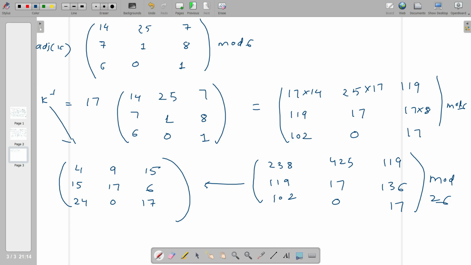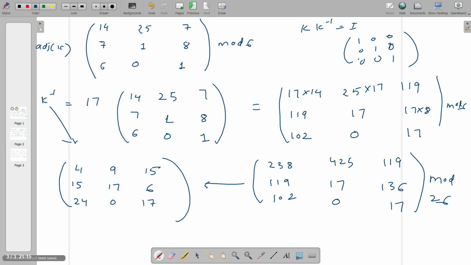If you want to verify this K inverse, you can verify it. K into K inverse should be an identity matrix. It comes out to be 1, 0, 0, 0, 1, 0, 0, 0, 1. So if you want to verify that the K inverse you calculated is correct or not, you can verify with this operation.